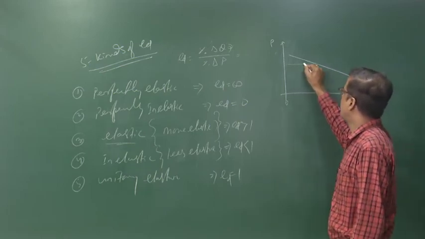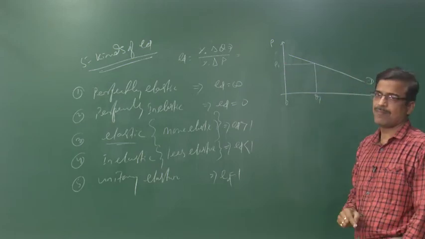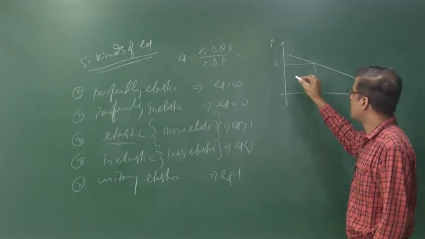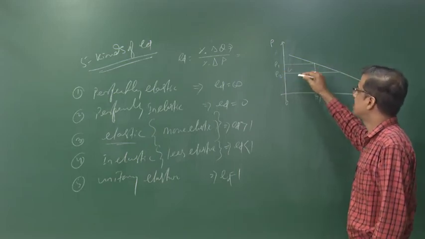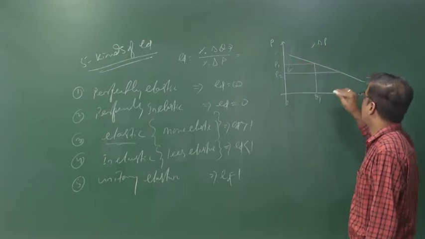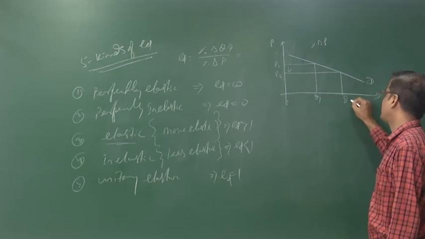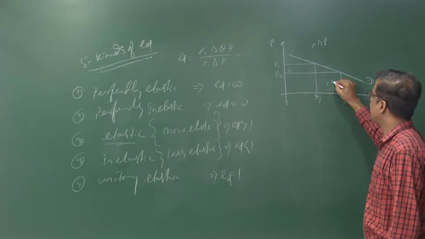For example, initially price is P1 and quantity is Q1. If the price falls a little bit, this is the percentage change in price, and this is the percentage change in quantity demanded.